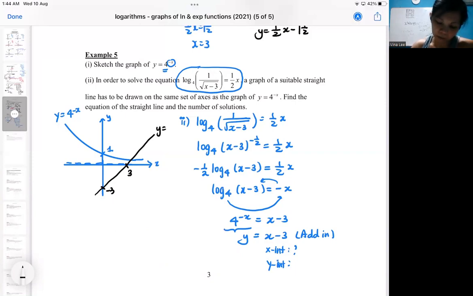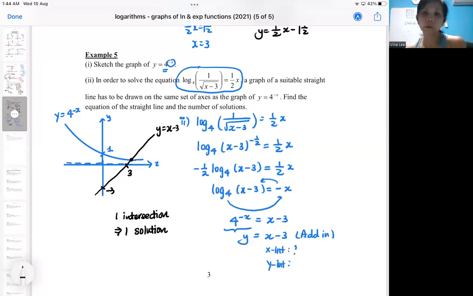And how many solutions are there? There's only one intersection. So there's only one solution. So generally, that's how you will be asked for your exponential graph or your log graph.